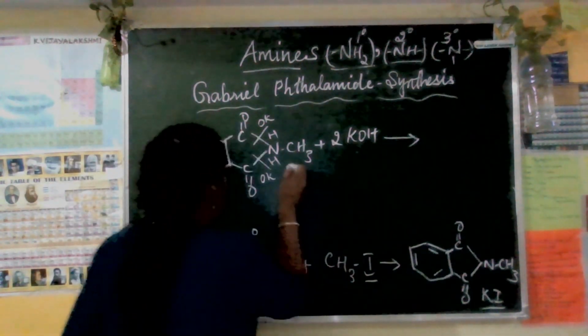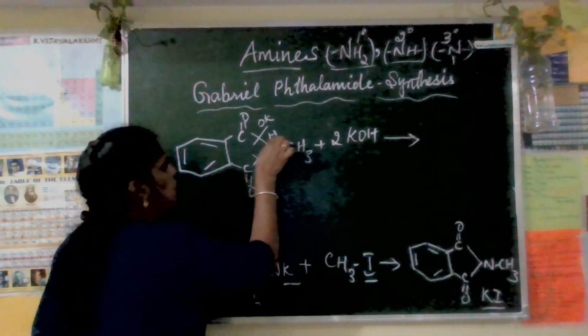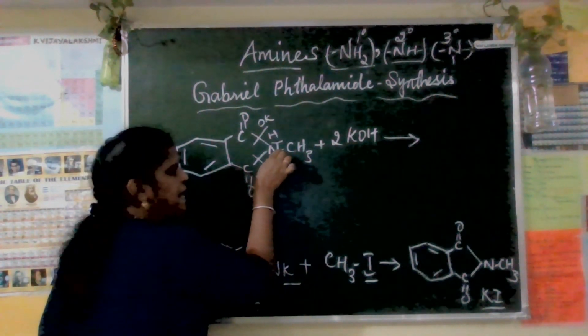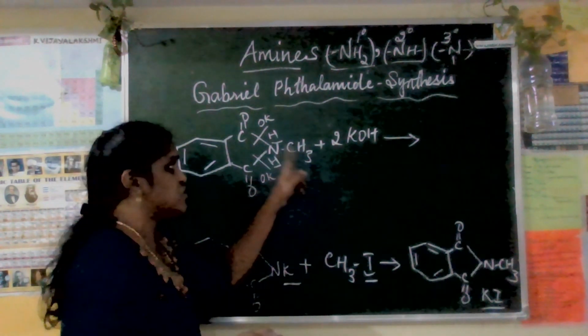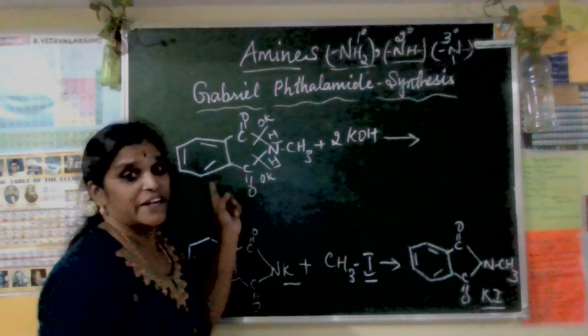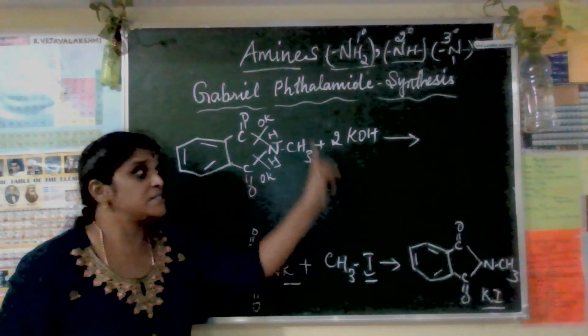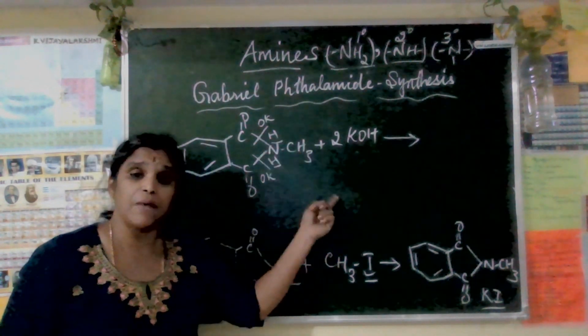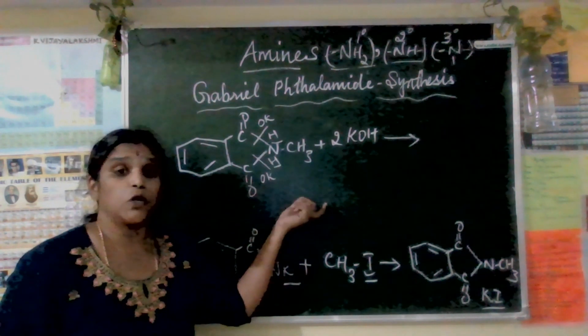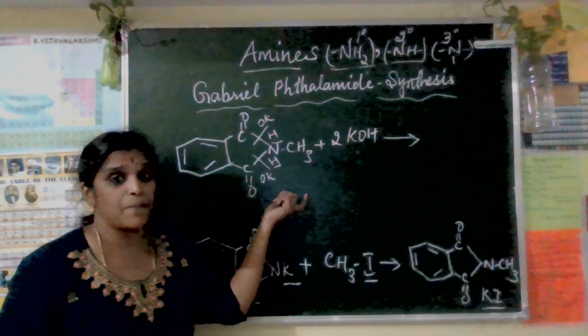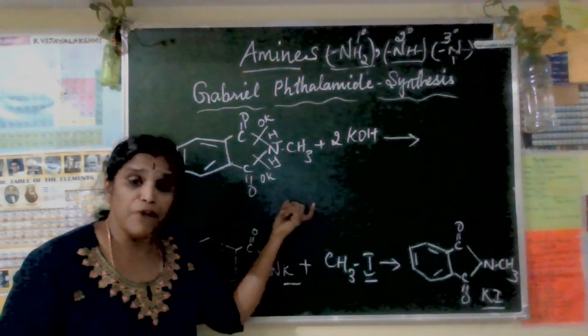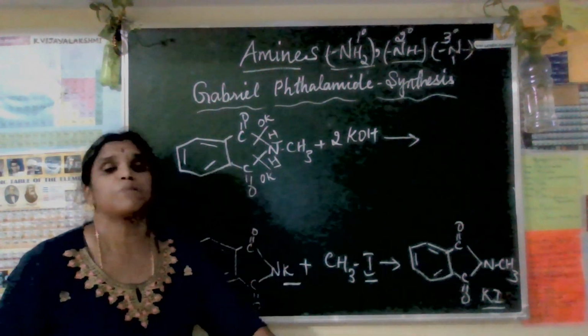Now the hydrogens combine with nitrogen, you will get NH2. So CH3NH2 you will get. We want primary amine only, and this process is meant to prepare primary amine. That is, aliphatic primary amine only is possible to prepare.